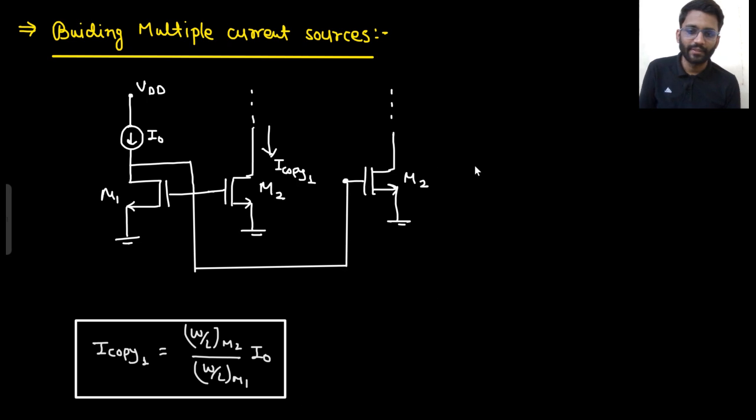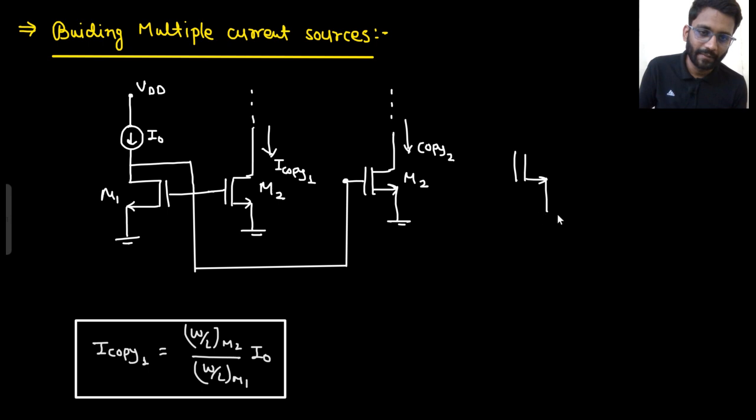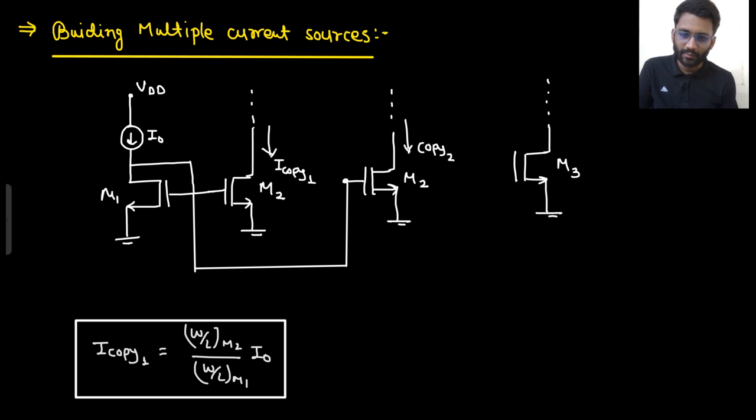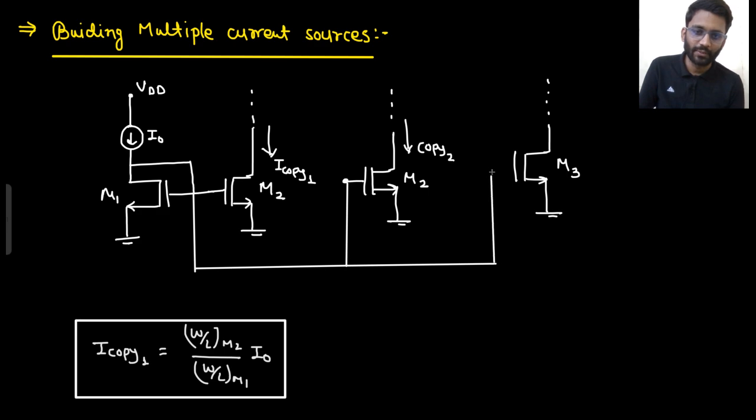Similarly, I can add more transistors. This will be my I copy 2. Let's assume I add M3. So the same voltage I am applying here as well. So I am giving the same bias to this one as well.